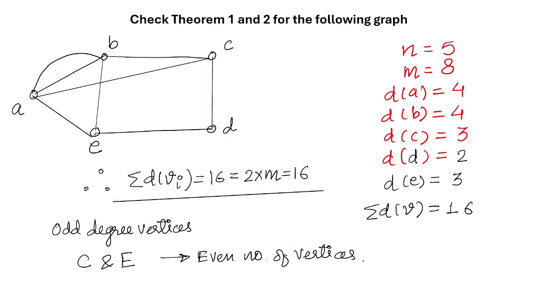So in all graphs, you will always find these three things. First, the total degree will always be even. Second, the number of vertices having odd degree will be even. Third, the sum of degrees will always be equal to twice the number of edges. If any graph violates these, then it is not a valid graph.